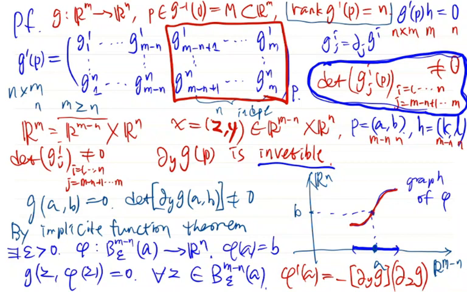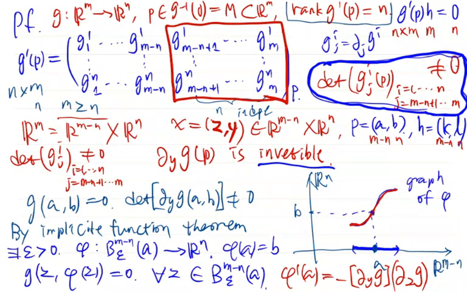Okay, so let's have a summary. Our condition of the proposition means that for our map G, G(A, B) is 0, and the partial derivative of G with respect to Y at the point (A, B) is an invertible square matrix of order n, because the determinant is not 0. So we can apply the implicit function theorem to obtain a map defined in the neighborhood of A, satisfying the following conditions.